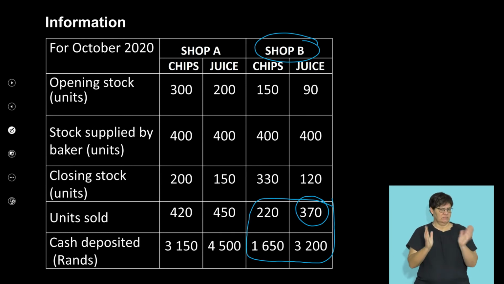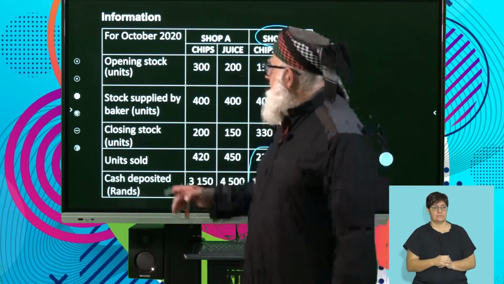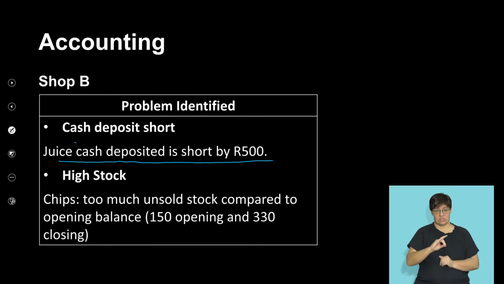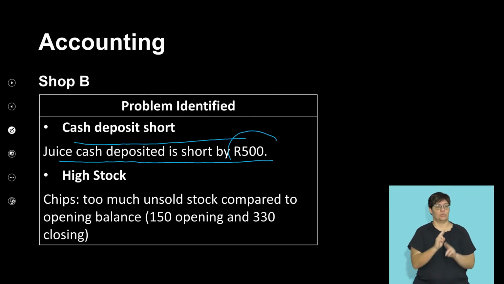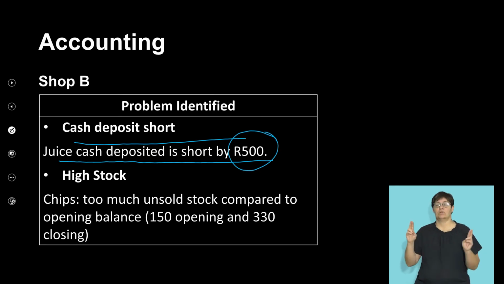However, you're only depositing 3,200, indicating that the cash for the juice is short by 500 Rand, right? How did we get that? 3,700 minus the 3,200, which was the actual amount deposited. There we go. This will tell you that you are short by the 500 Rand.